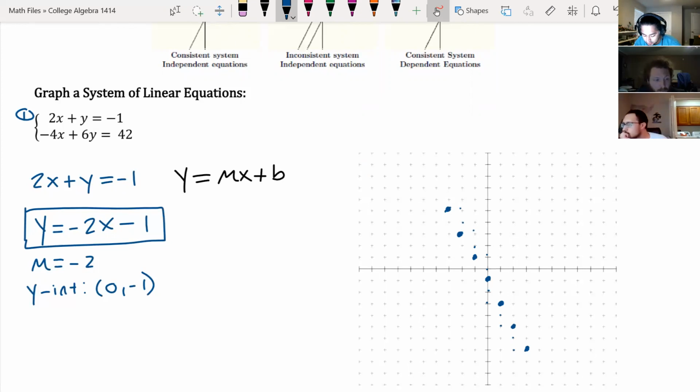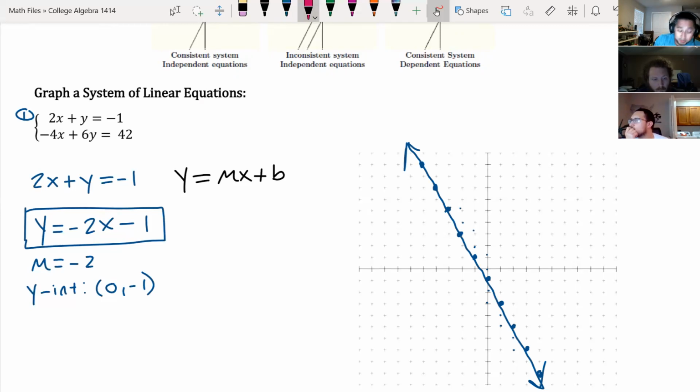And just connect. Almost perfect. Okay. There's equation 1.